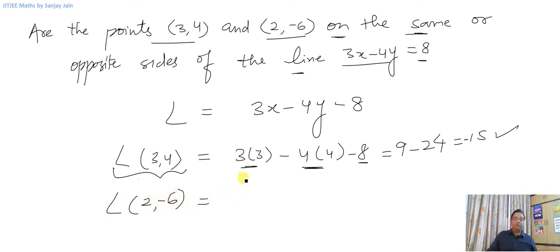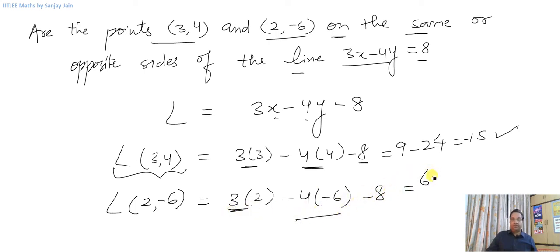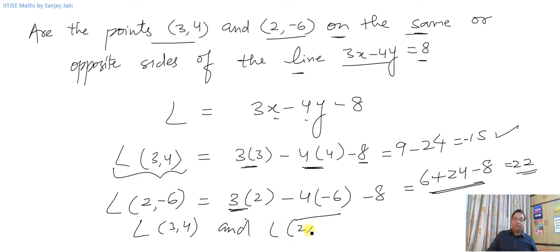So when I put 2 and -6 in place of x and y, I'll get 3 into 2 minus 4 into -6 minus 8, which is 6 plus 24 minus 8. So this is a positive value for sure, which is 22, right? So L(3, 4) and L(2, -6), what does it mean?